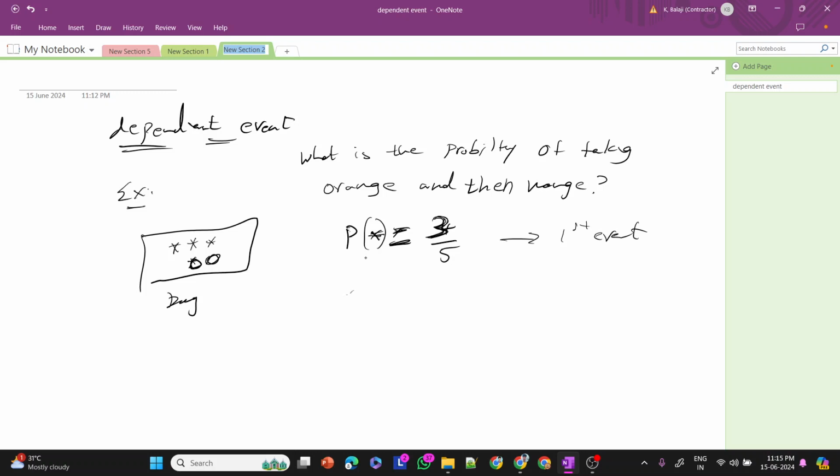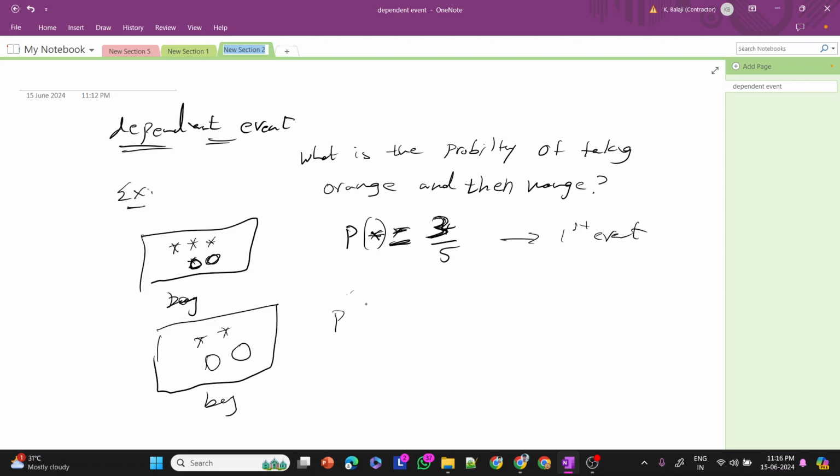Then in the second event, we have 2 oranges and 2 mangoes. The probability of getting a mango at the second event is after the first event happened.